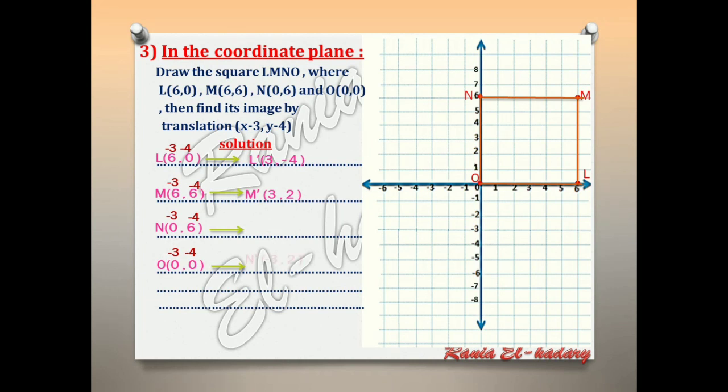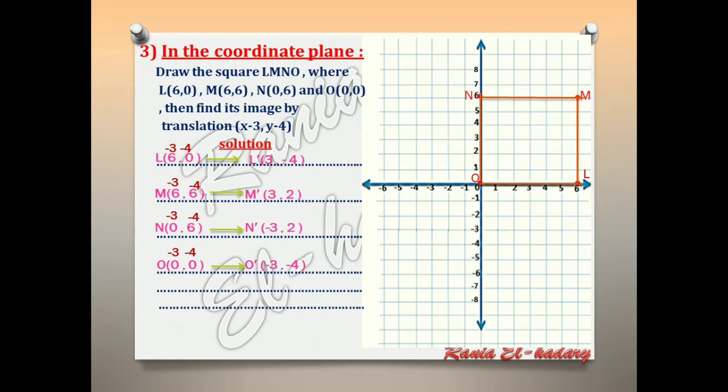N dash equals -3 plus 0, -3, and 6 minus 4 equals 2. The last image is O dash. -3 plus 0 equals -3, and -4 plus 0 equals -4.